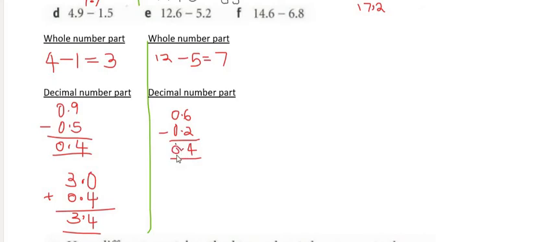We get the answer 0.4, and we add these two now. 7 means it is 7.0 plus 0.4. Because the subtraction is over, we are just adding the remaining numbers, so we get 7.4.